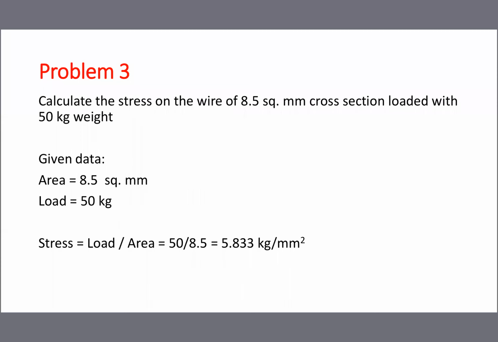Go to the third: calculate the stress on the wire of 8.5 square mm cross section loaded with 50 kg weight. Slowly read. Calculate the stress. Stress they are asking on the wire of 8.5 square mm cross section. This is the data: 8.5 square mm cross section. This is the area value; the area is directly given.